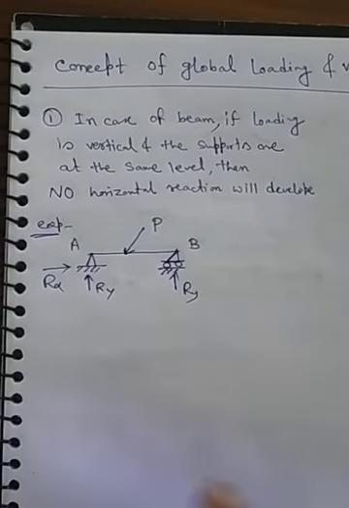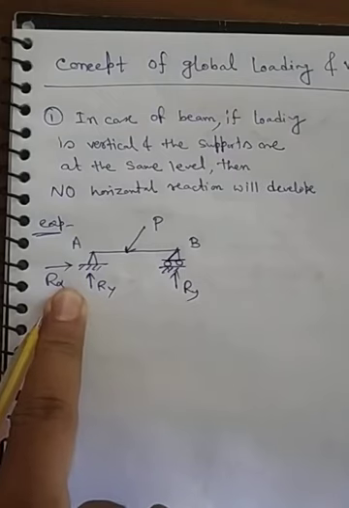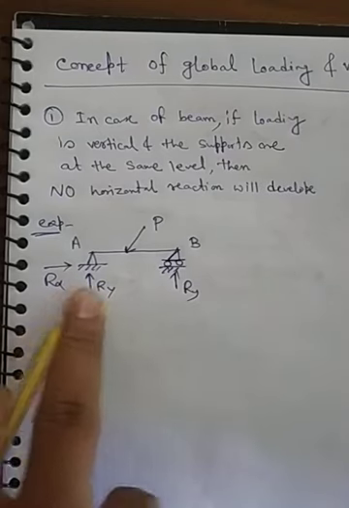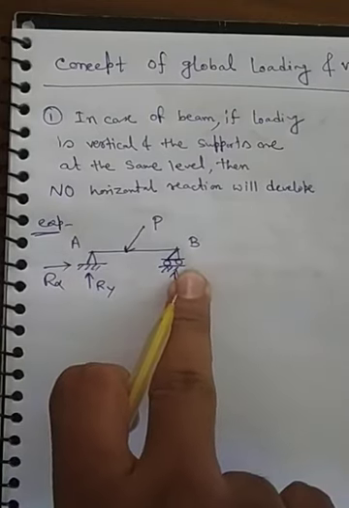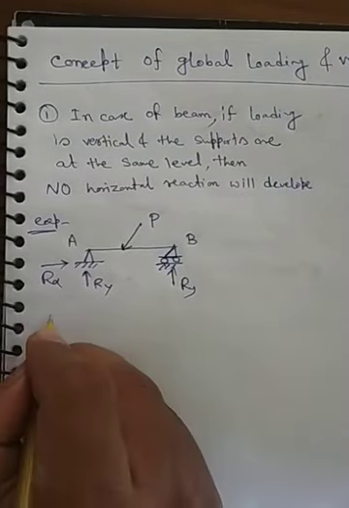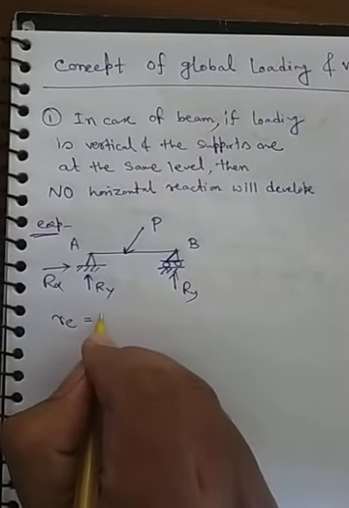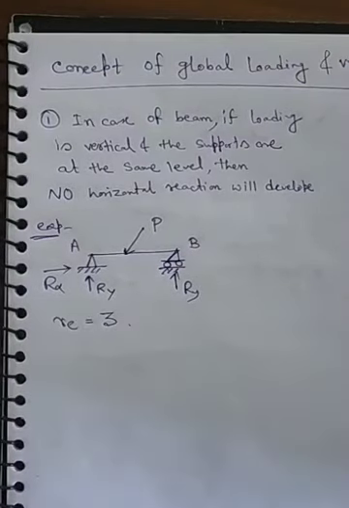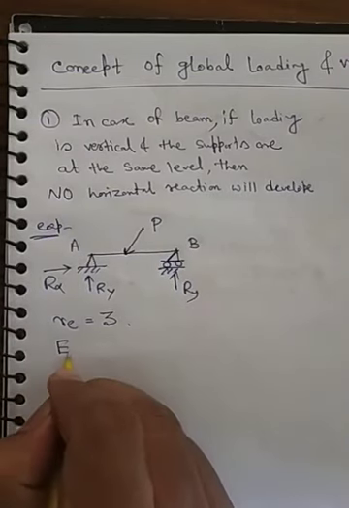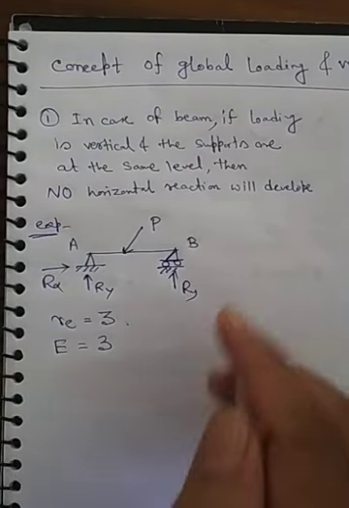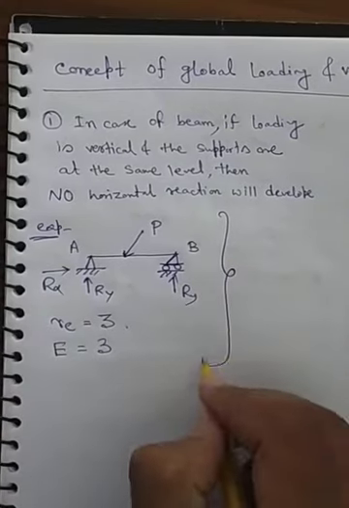So here two support reactions, and in this support one support reaction. So the total number of support reactions Re is equal to 3. Clear? And we have equilibrium equation number 3. Now this is one example.